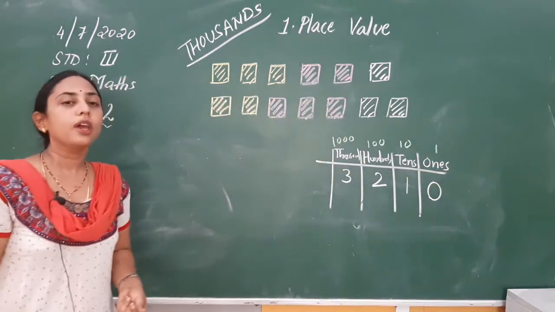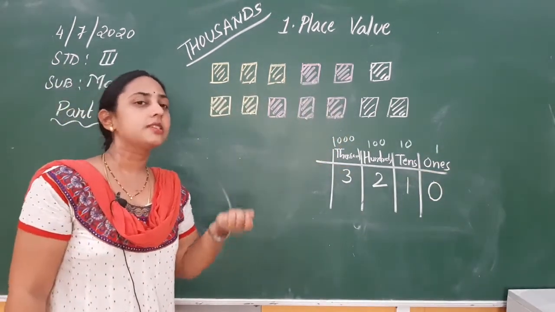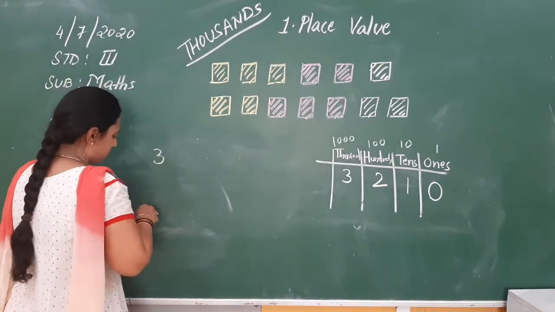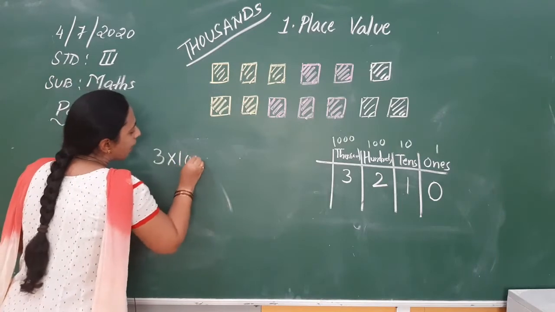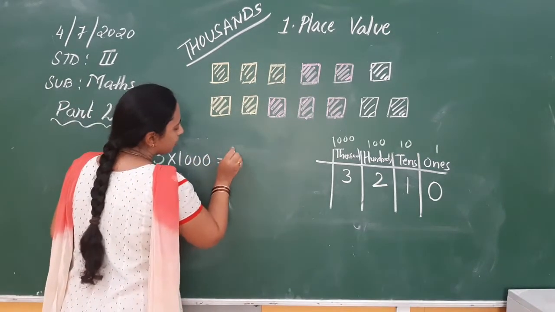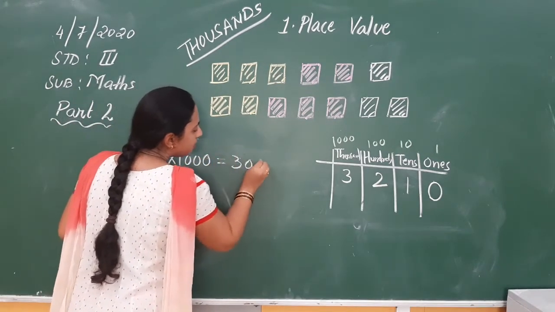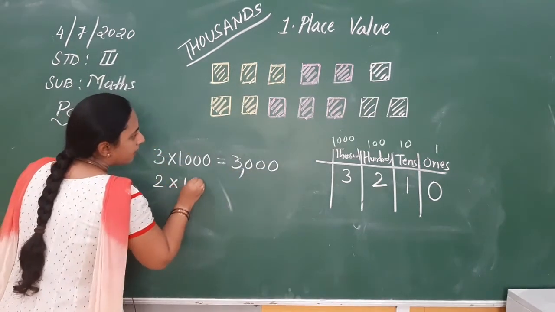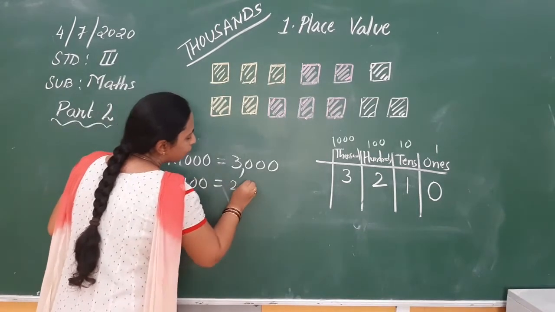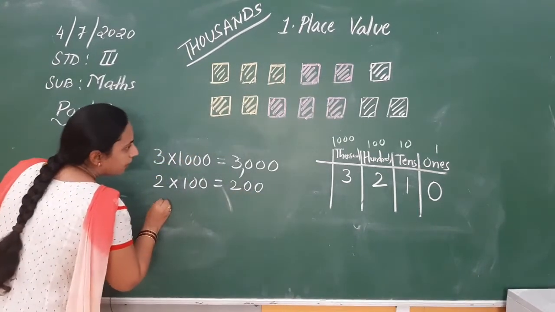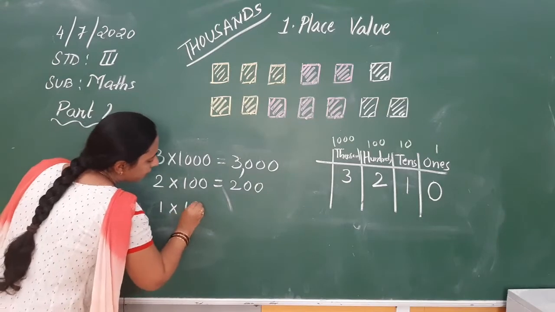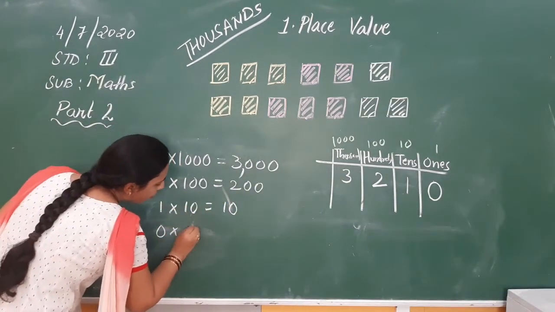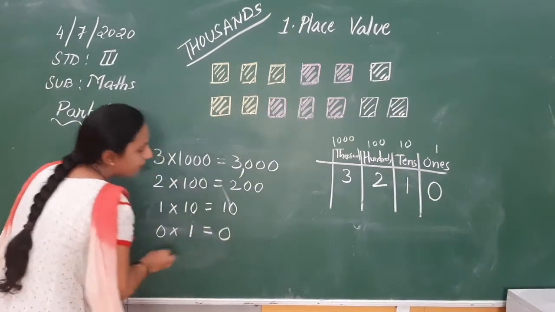Now how can we express this in the expanded form? 3 into 1000 is equal to 3000. 2 into 100 is equal to 200. 1 into 10 is equal to 10, and 0 into 1 is equal to 0.